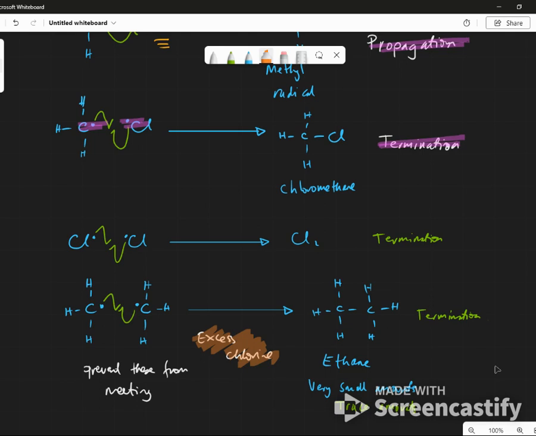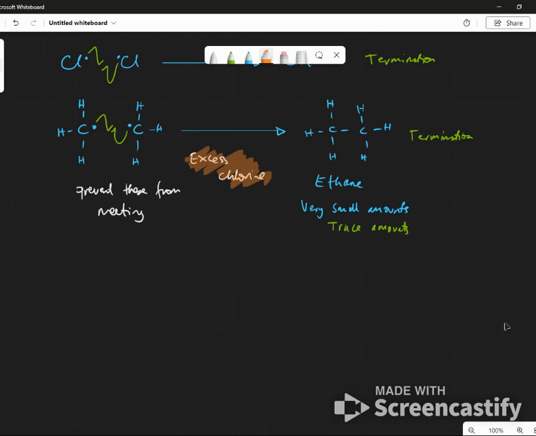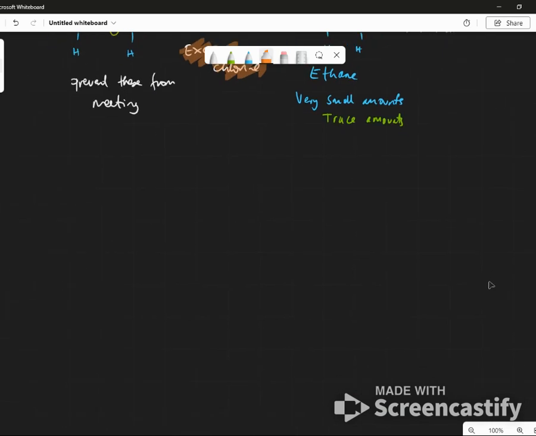All right. Interestingly, there's another propagation step. You don't have to know all of these because there's loads of these things. These things go on forever. But this is a possible propagation step as well. CH3 radical propagation. Remember, it means a radical is on this side and it's going to react with a chlorine molecule.